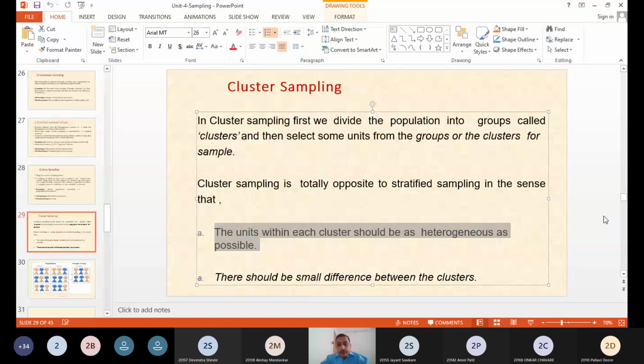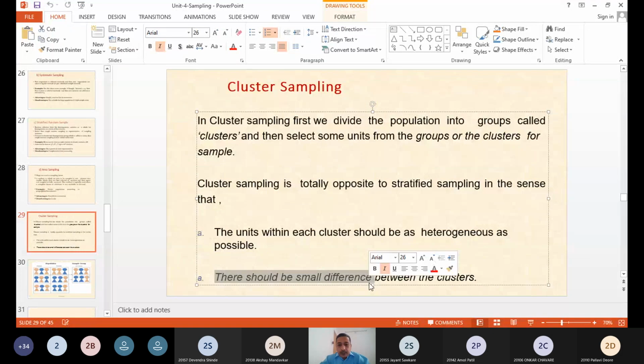So in cluster sampling, whatever groups we make, we call them clusters, and these clusters are heterogeneous in nature. There should be small difference between the clusters, but within the cluster, they will be heterogeneous. Between the clusters, two different clusters may be relatively similar. However, within the cluster, all the individuals will be dissimilar.